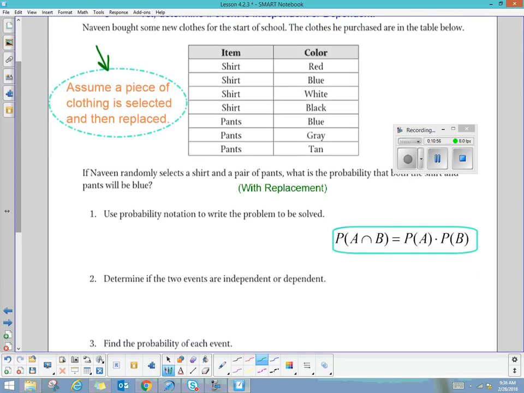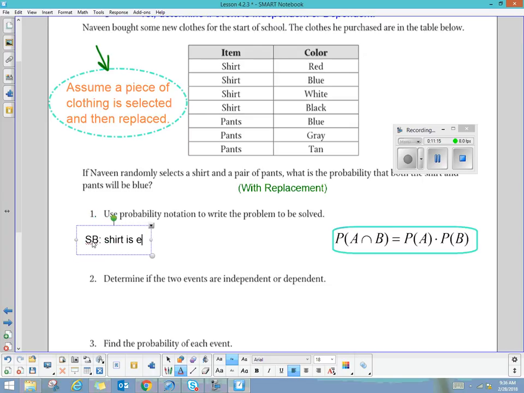In part 1, it is asking us to use some probability notation. So I'm going to use SB to indicate that a shirt is blue.